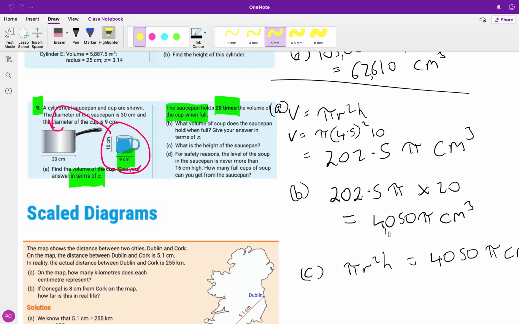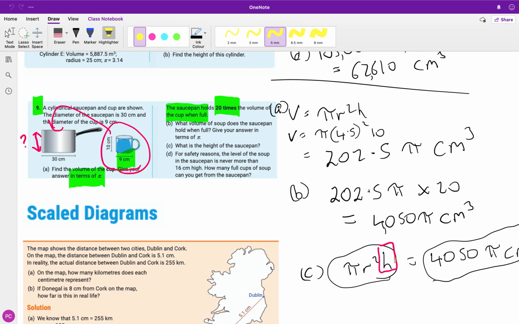The volume is what we've worked out, but we're now looking for the height. Height we don't know. You can see on the diagram there, they're not giving us the height. So that's what we're going to work out now.